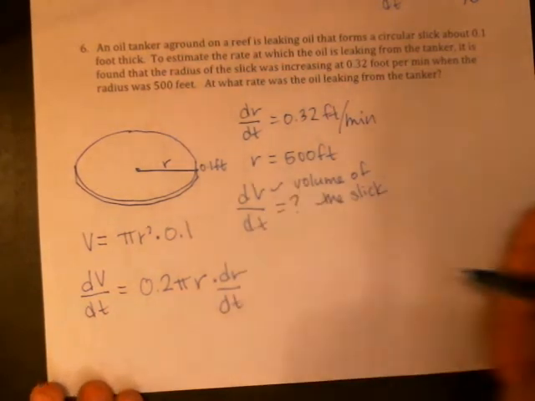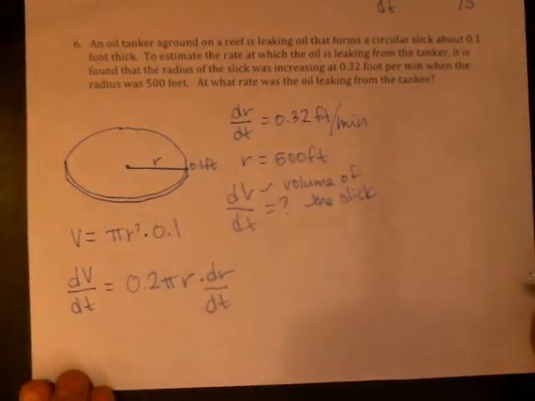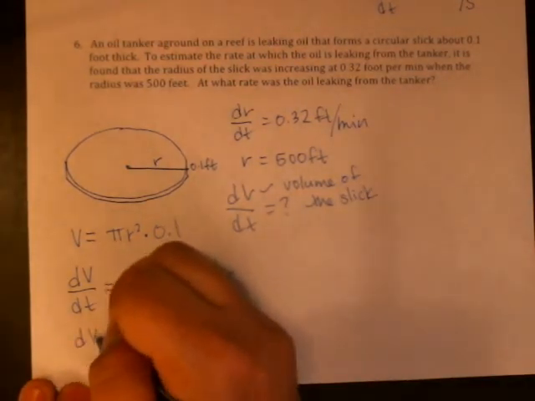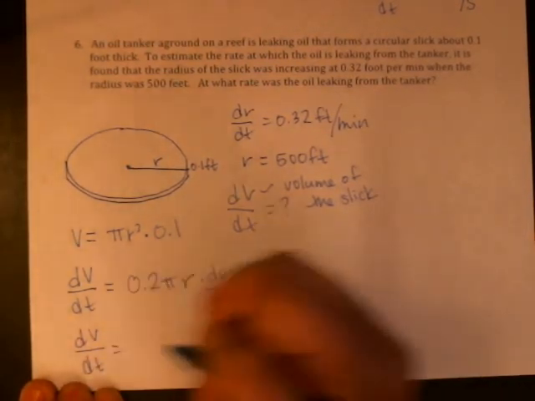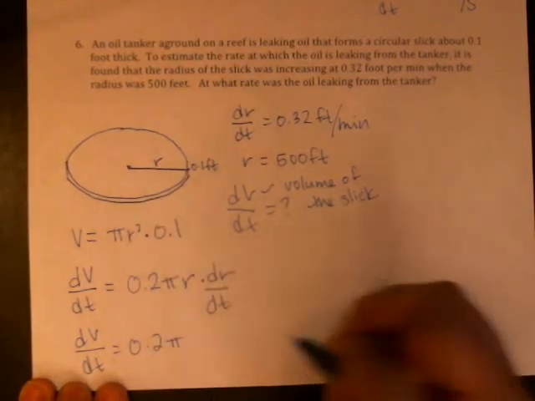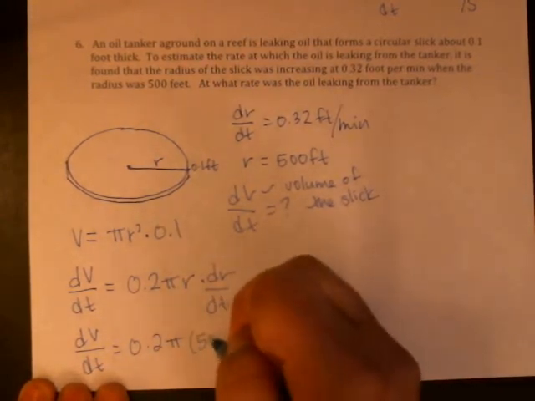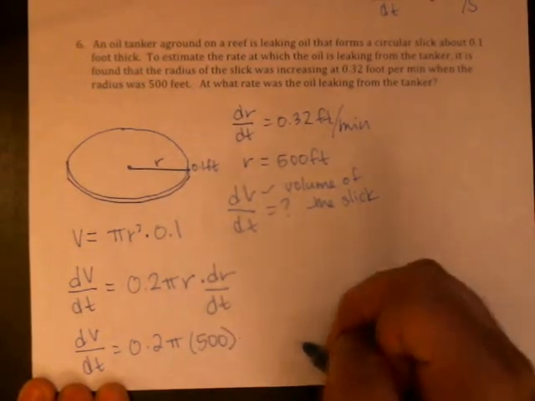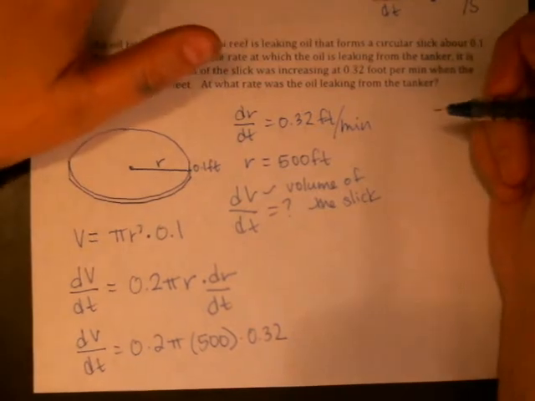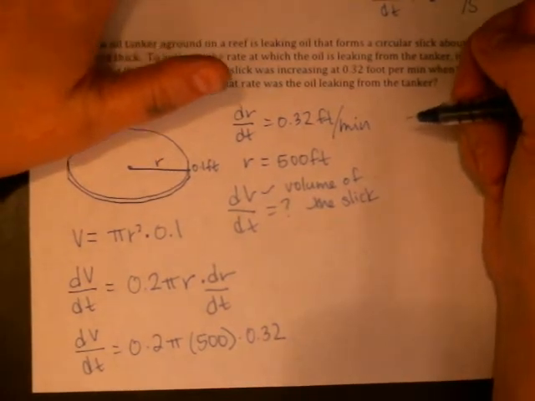So there will be a dr/dt. We were given dr/dt and r, so we get that dV/dt is 0.2 pi times r, 500, times dr/dt, 0.32.